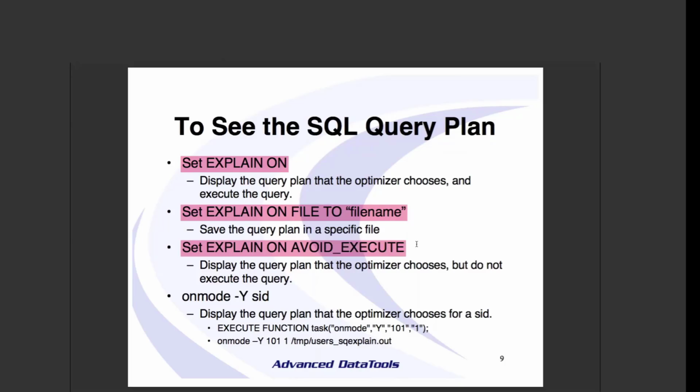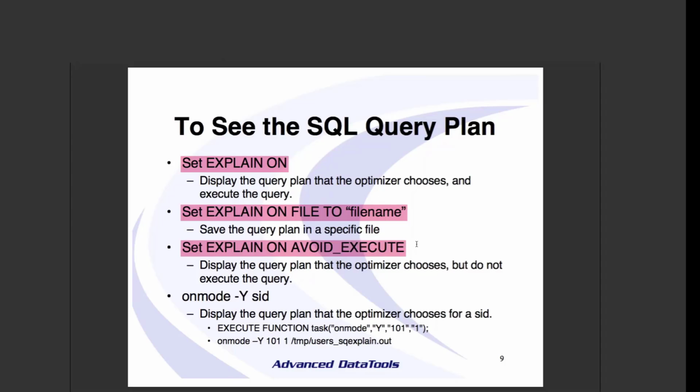If you say set explain on avoid execute, it will show you the first part right away and not run the query. So your query will say no rows returned, but if you had returned rows, here is the query plan the optimizer would have used.